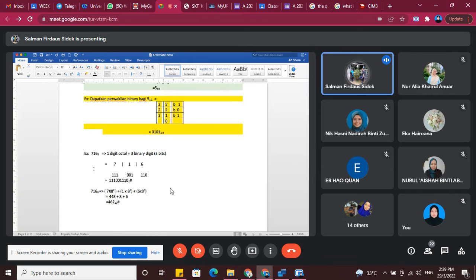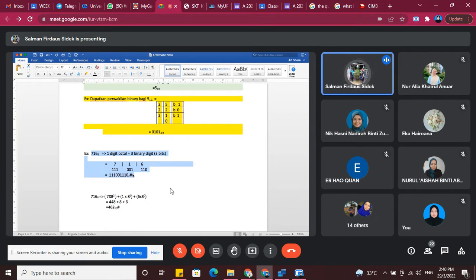But at this stage, it's enough for you to know how to relate octal to decimal and binary. After we learn these two techniques, we can return to the previous system, for example here. This is the example for octal to binary.